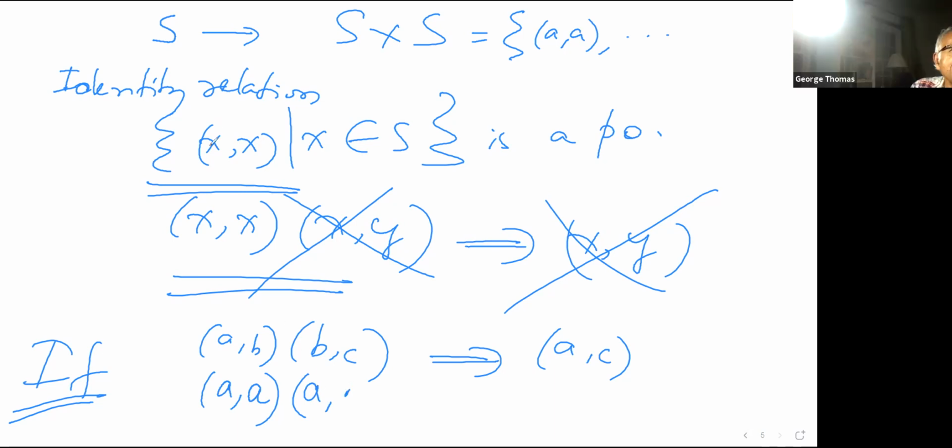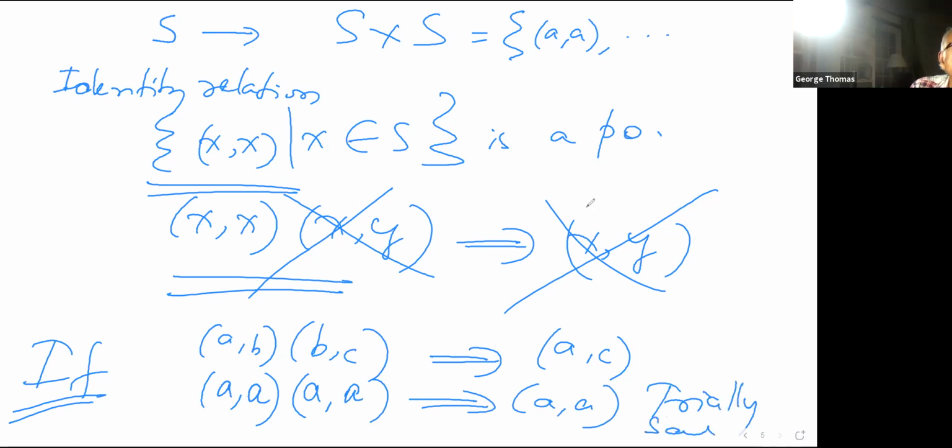A. You see, this condition becomes just this trivial thing. It's trivially satisfied. So this is a partial order. Think about it at home.